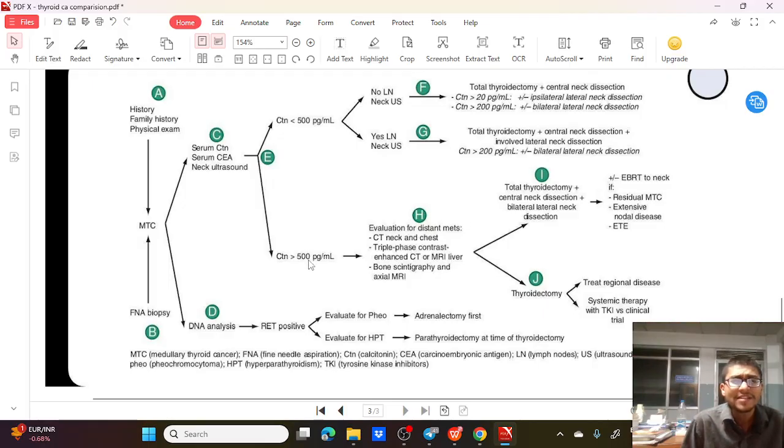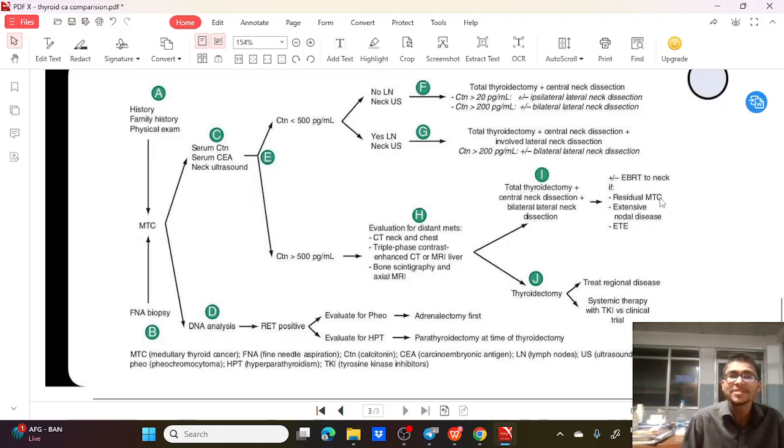In case when the calcitonin is more than 500, we'll evaluate for distant spread, that is mets, through the CT neck and chest, triple phase contrast of liver, bone scintigraphy and axial MRI. And here we'll be going depending on the involvement. Either we can go for total thyroidectomy, central neck dissection and bilateral lateral neck dissection, and radiotherapy as per need.